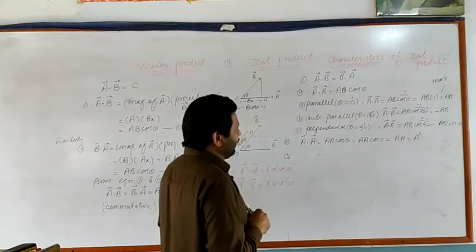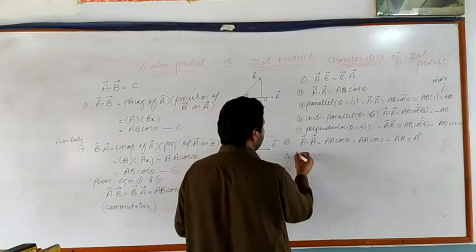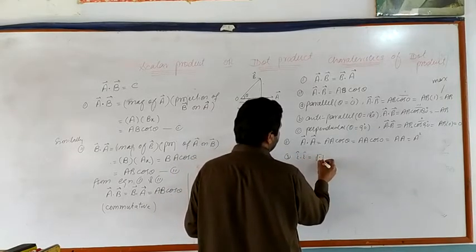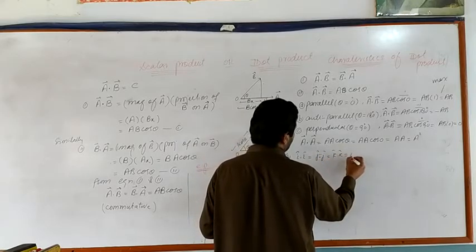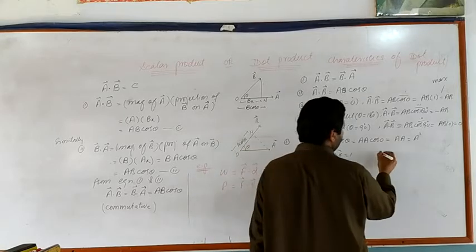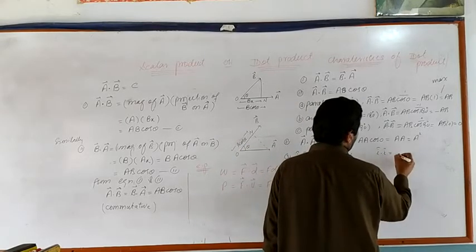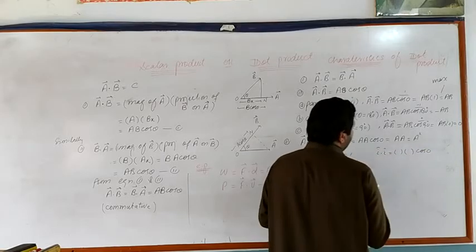The dot product of vectors in the case of unit vectors: i unit vector dot i unit vector, similarly j unit vector dot j unit vector, and k unit vector dot k unit vector is equal to 1. We prove i dot i is equal to magnitude times magnitude times cos 0.